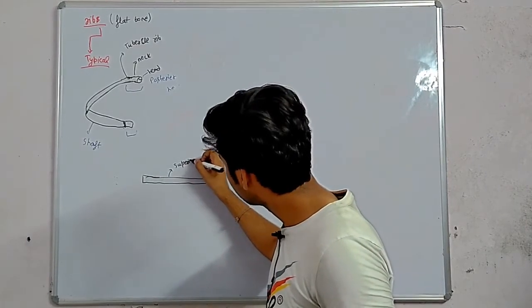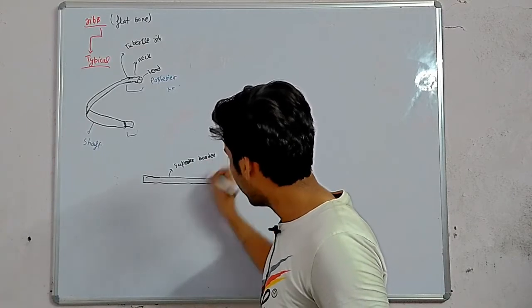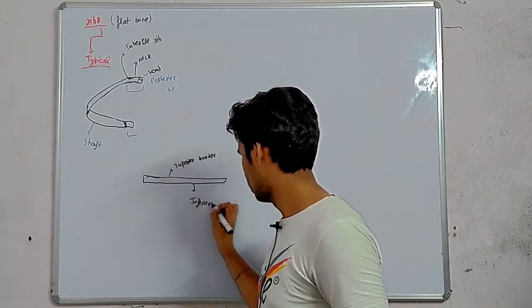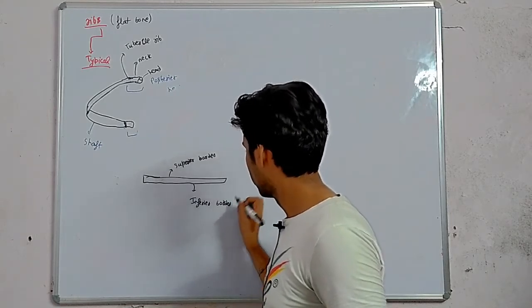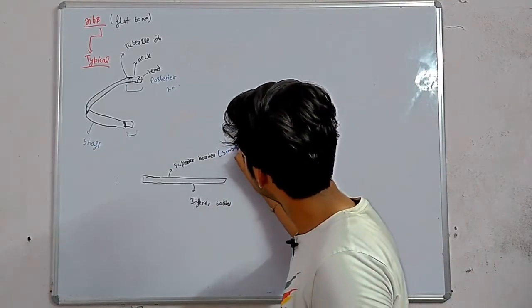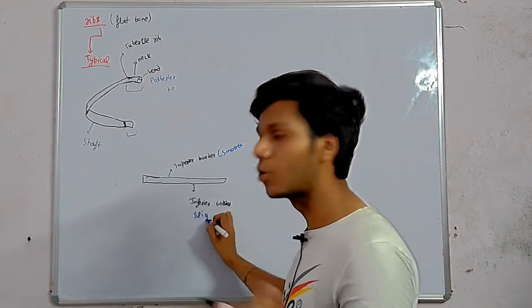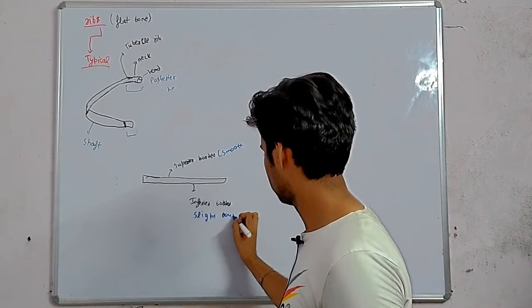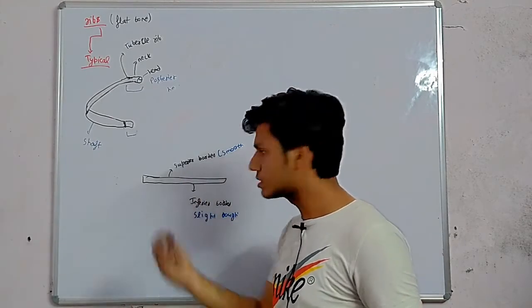Superior border and inferior border. The superior border is smooth. The inferior border is slightly rough because it contains some groove. And there is an anterior surface and a posterior surface.